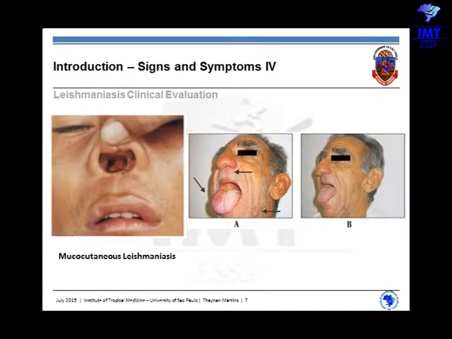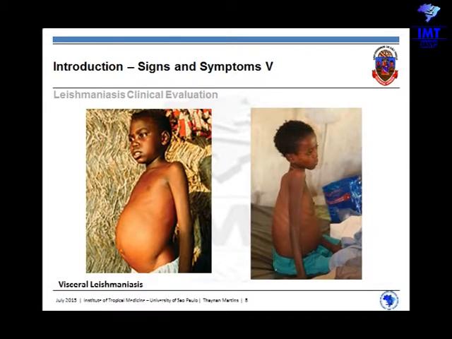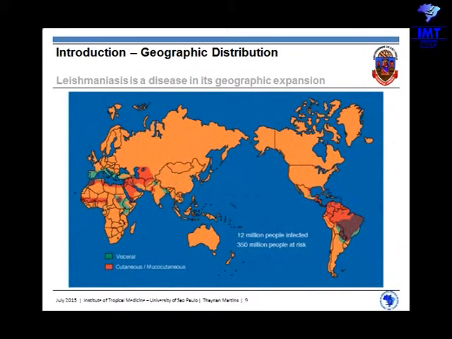And here the mucocutaneous Leishmaniasis, where we can see the cartilage damage. Sometimes the patient cannot breathe, and it can also cause death. And here the visceral Leishmaniasis, without any sore or skin lesion, but we can see the enlargement of the spleen and liver.